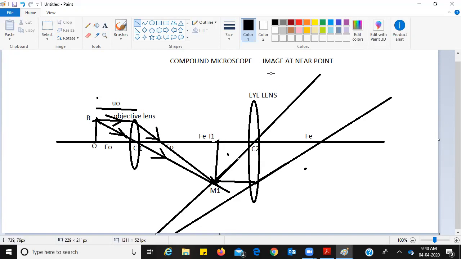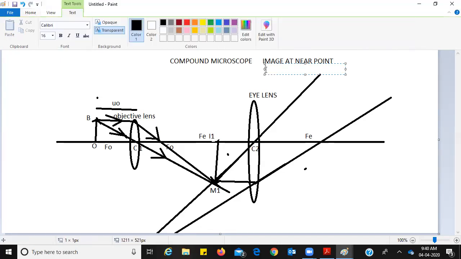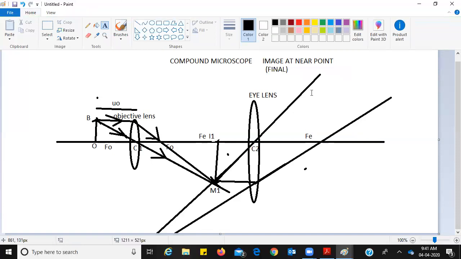The question is not the object to the near point. The image should be at the near point. Which image? The final image formed by the eyepiece lens. It has to be the final image, not the first image. The final image has to be at the near point. Where this is meeting, that point will be the near point. If I draw a line here to the image, this image is formed at near point, but it's not correct.